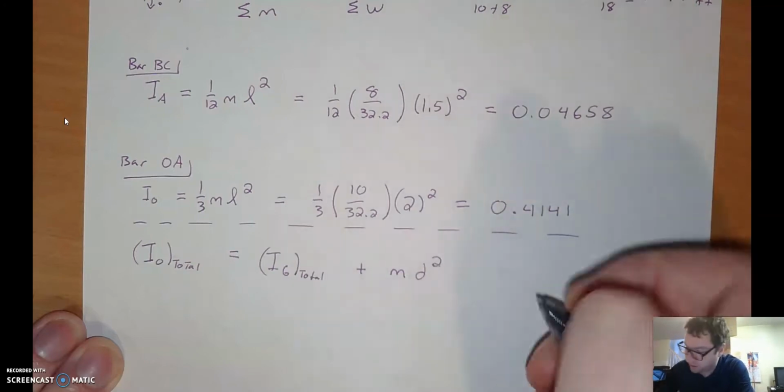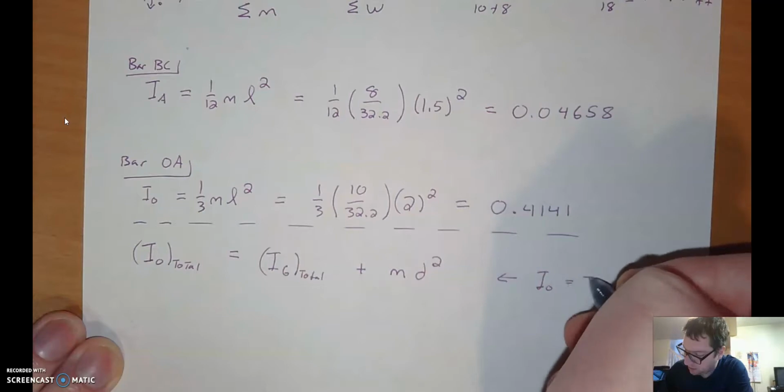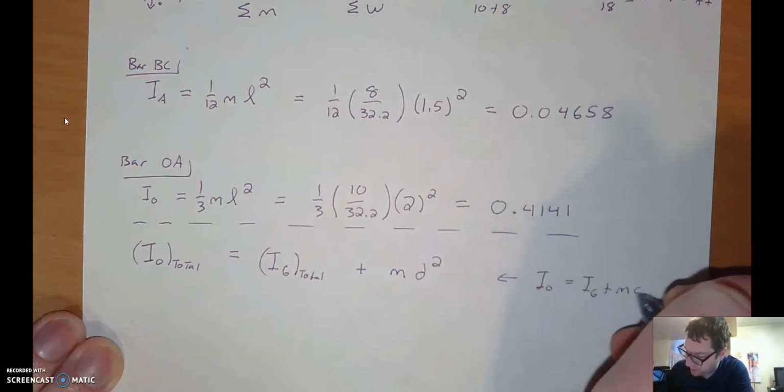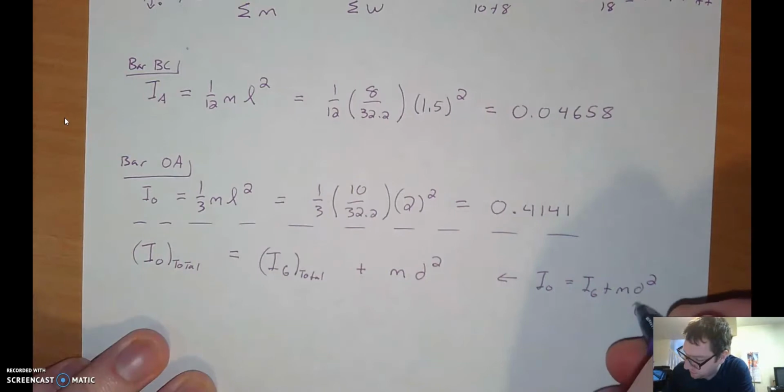So this formula, I naught equals IG plus MD squared, is the parallel axis theorem, if you remember from statics. And this distance is the perpendicular distance between O and G.